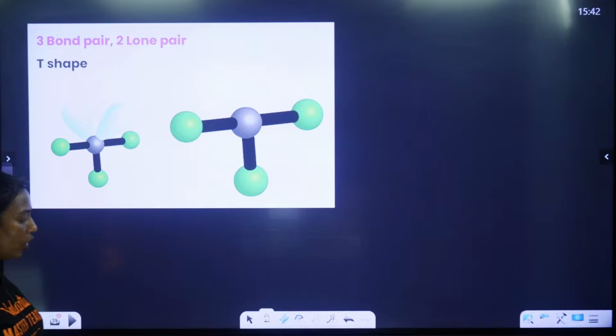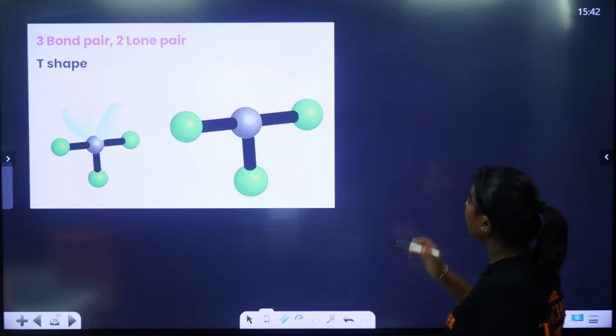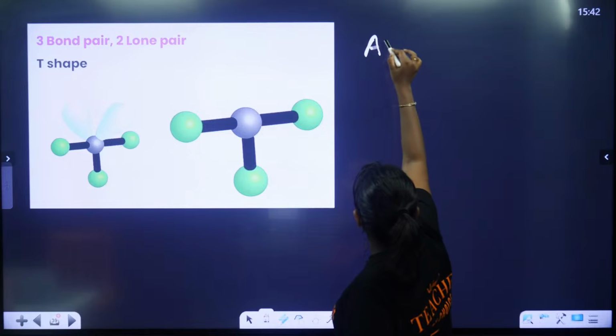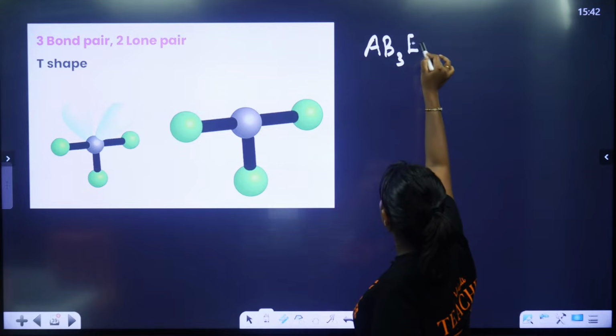3 bond pair and 2 lone pair. That is A with 3 bond pairs, so AB3E2 type.